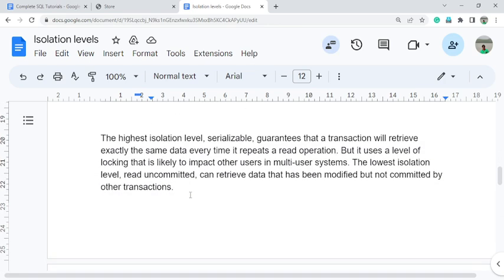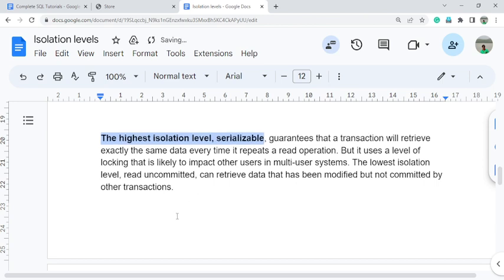One important question is which isolation level is the highest and which is the lowest. The highest level of isolation is serializable. Why is serializable the highest? Because it gives the guarantee that a transaction will retrieve exactly the same data every time a read operation is repeated. The lowest level of isolation is read uncommitted.